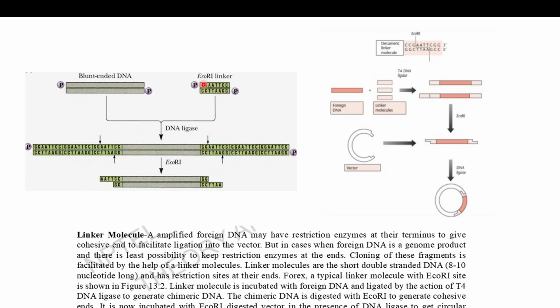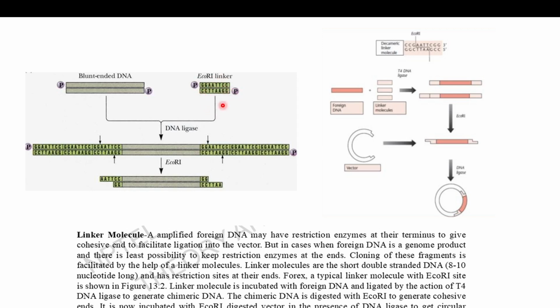So this is the DNA of our interest, and we have to clone a particular fragment onto some other vector, suppose. This is the EcoRI restriction site, GAATTC, which we looked at earlier.